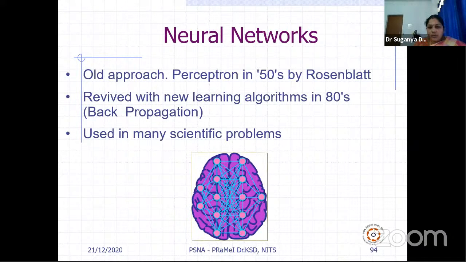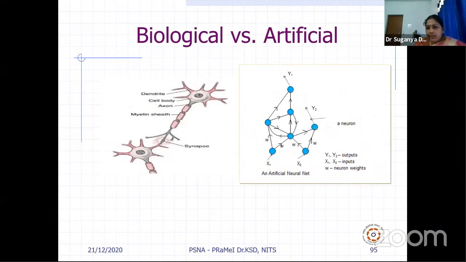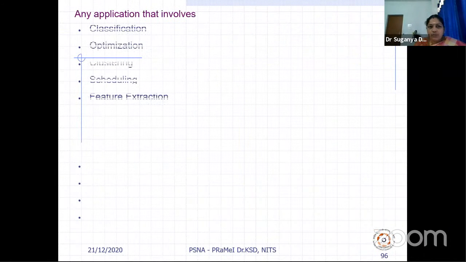It is used in scientific problems, with biological neurons and artificial neurons. The areas where we can apply these algorithms are classification and optimization. For optimizing, we can depend on neural networks for clustering, scheduling, and feature extraction.